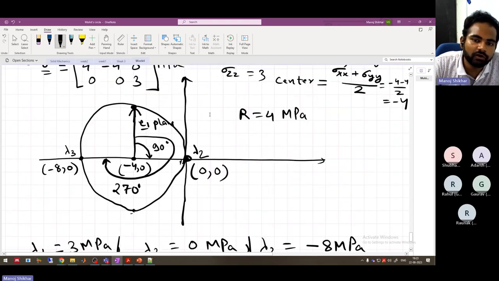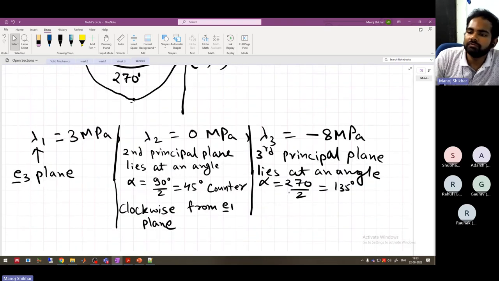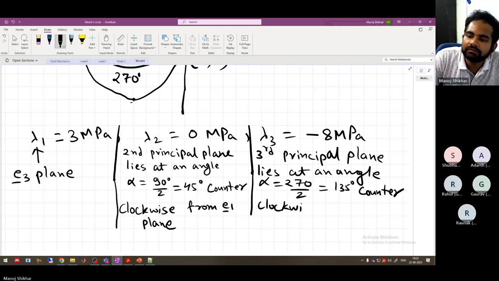Now, did you move clockwise from E1 plane to lambda3? Yes, we moved in a clockwise direction in Mohr circle. So we should move counterclockwise in reality, counterclockwise from E1 plane.